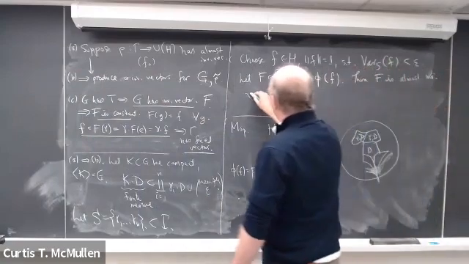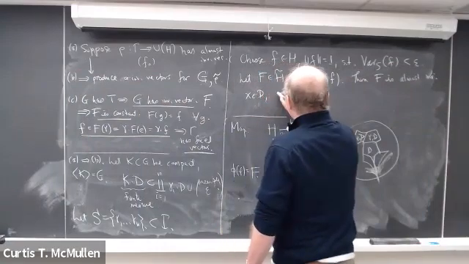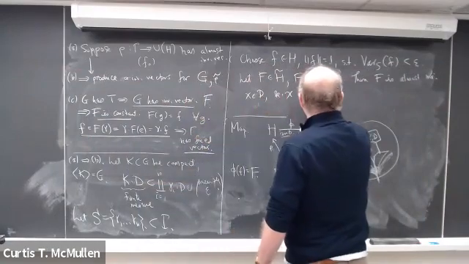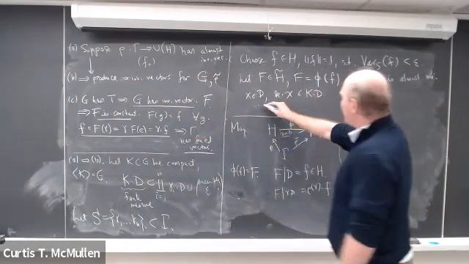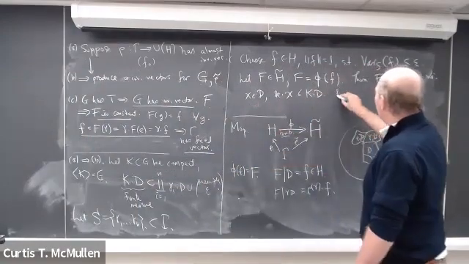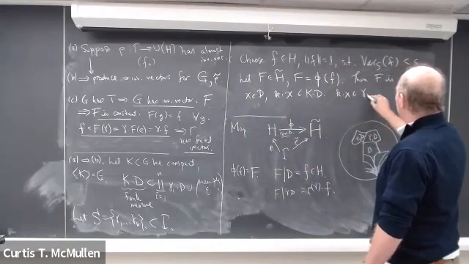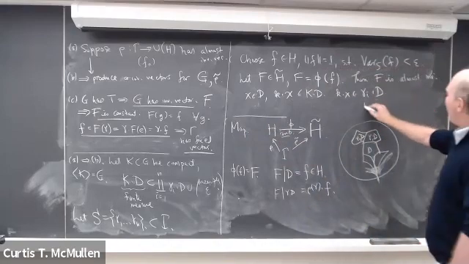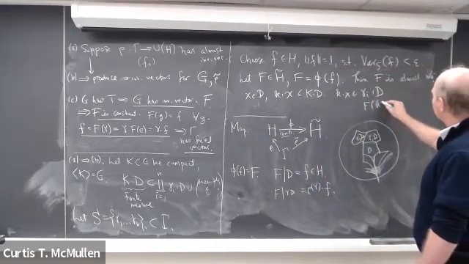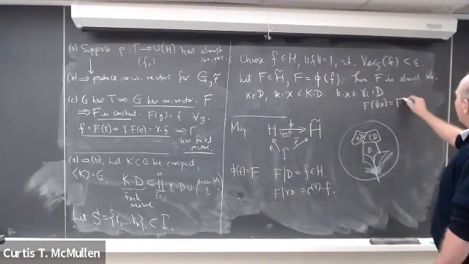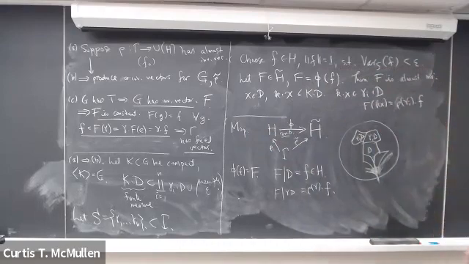So if we pick a point x in D, then kx is in K dot D. And provided we neglect this set of small measure epsilon, that implies kx is in gamma i dot D for some gamma i. But then F of kx is just equal to, by the definition of phi, rho of gamma i applied to little f.